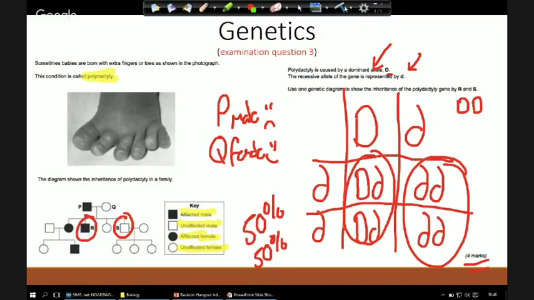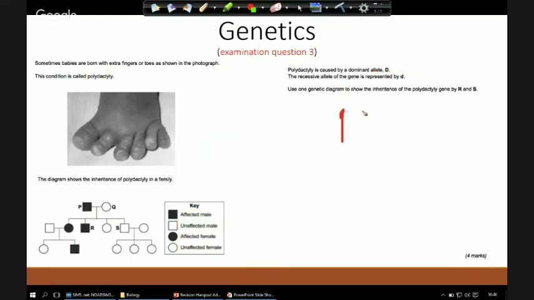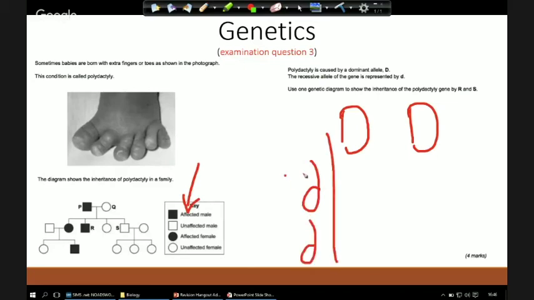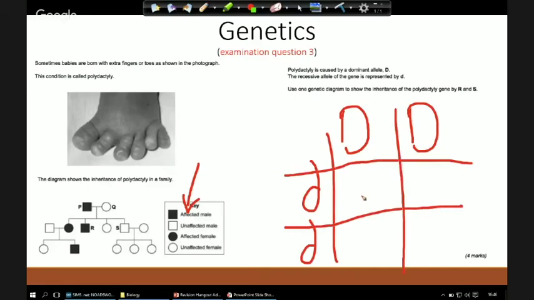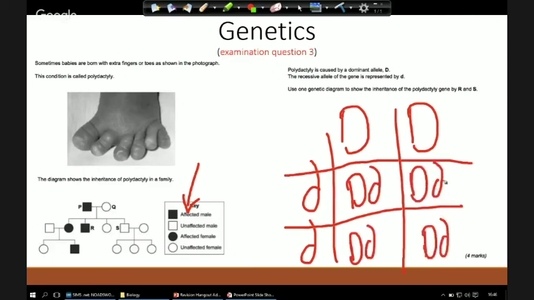Now the reason we know it can't be big D for the affected male is if it was, and that affected male went with a female that was completely fine, wasn't affected at all, we would get big D, little d, big D, little d, big D, little d, big D, little d. They would all suffer from polydactyly.